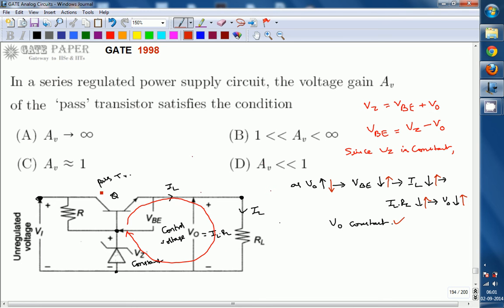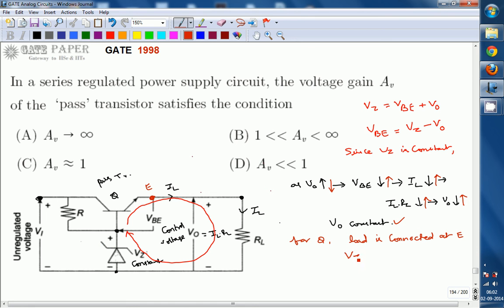Now we will consider this Q. For this Q, the load is connected at the emitter terminal, and VZ, the required regulated voltage, is connected at the base.